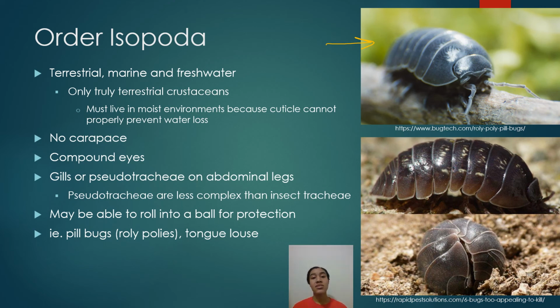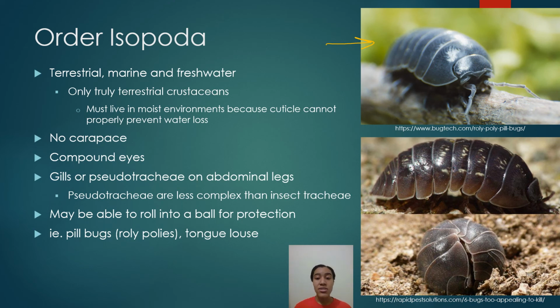This is because their cuticle is not like those of insects, which are really good at holding in moisture. Their cuticle is not very good at maintaining moisture. So if they're in really dry environments, they'll dry out and die. So this is why you find roly-polies underneath downed logs or underneath leaf litter where there's a lot of moisture, so they can maintain the moisture within their tissues.